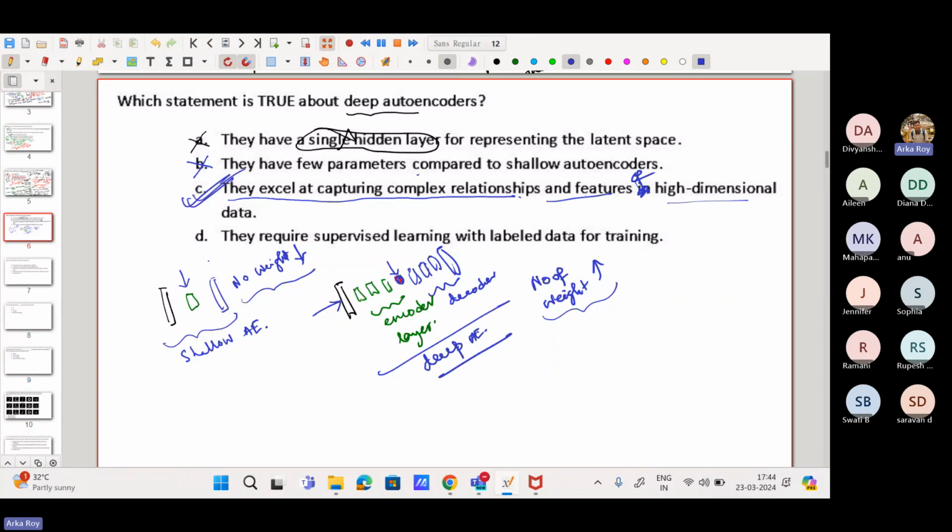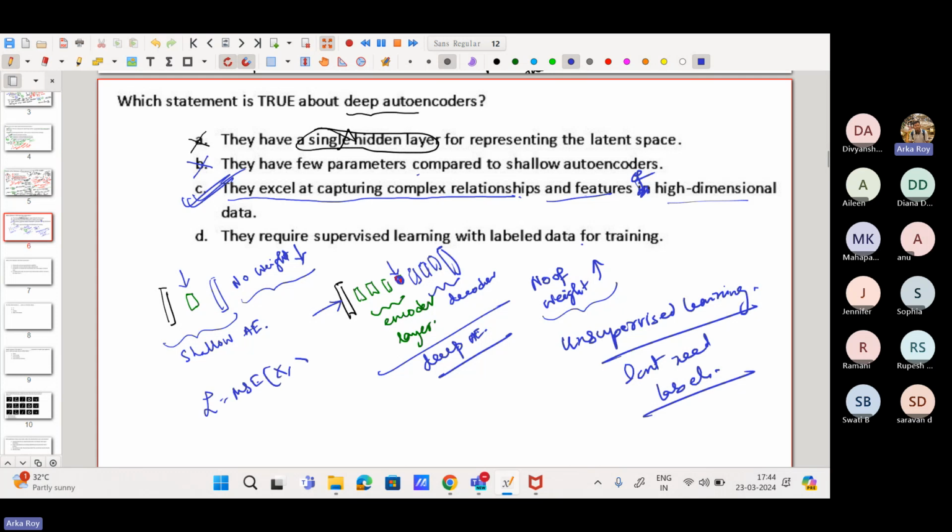Okay, let us scan through option D as well. They require supervised learning with labeled data. Autoencoder is unsupervised learning, therefore you don't need labels. You just need the data itself to train the autoencoder, because the loss function is the MSE between X and X hat.